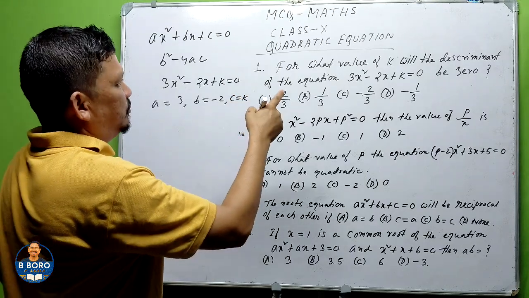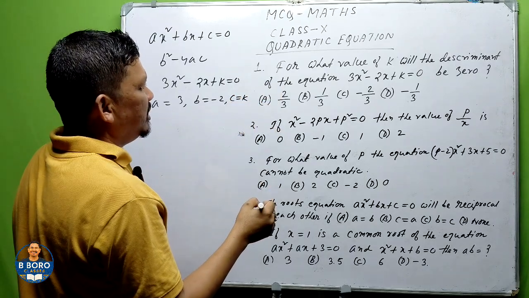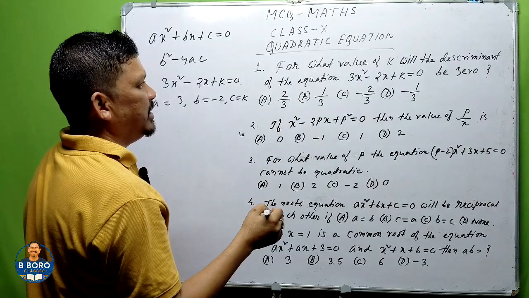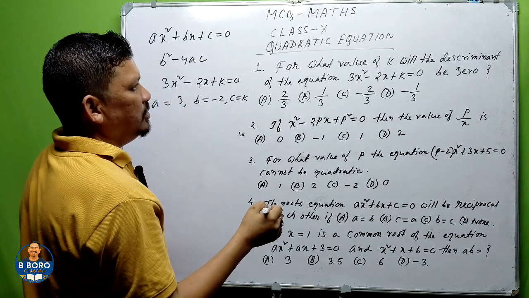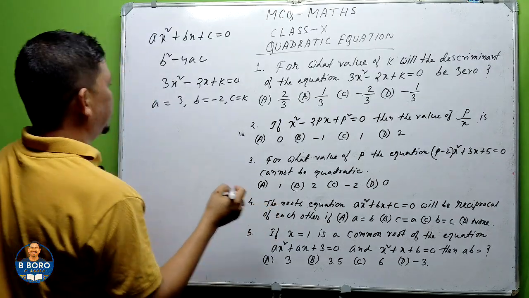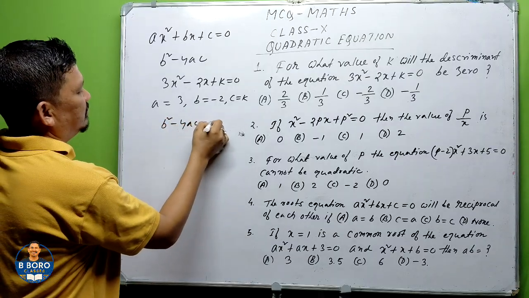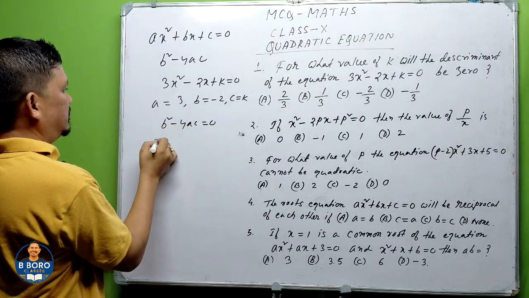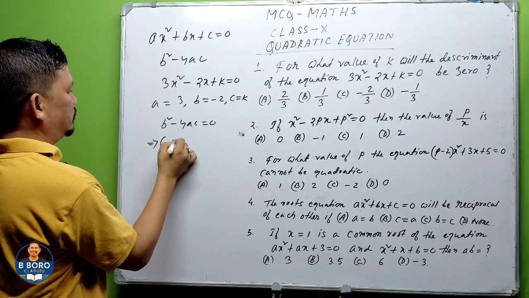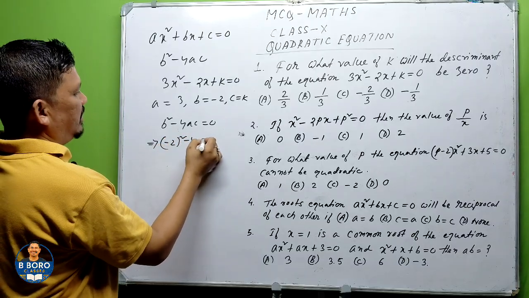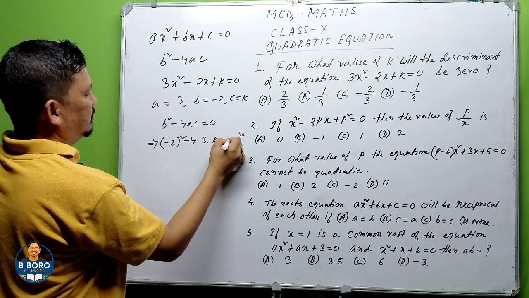Our condition is that the discriminant should be equal to 0. So b square minus 4ac equal to 0. Substitute b equal to minus 2 square minus 4 into a means 3, c means k, equal to 0.